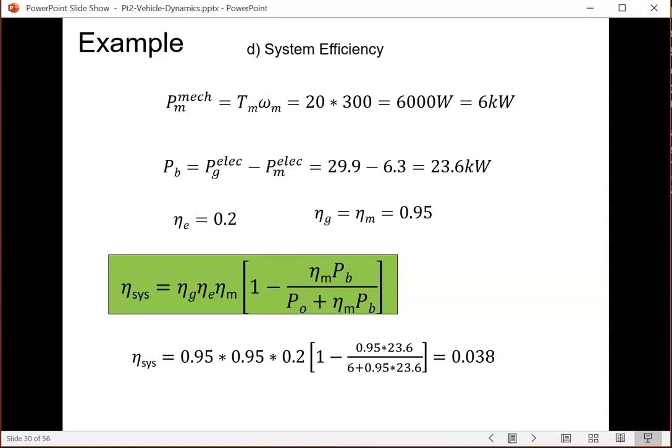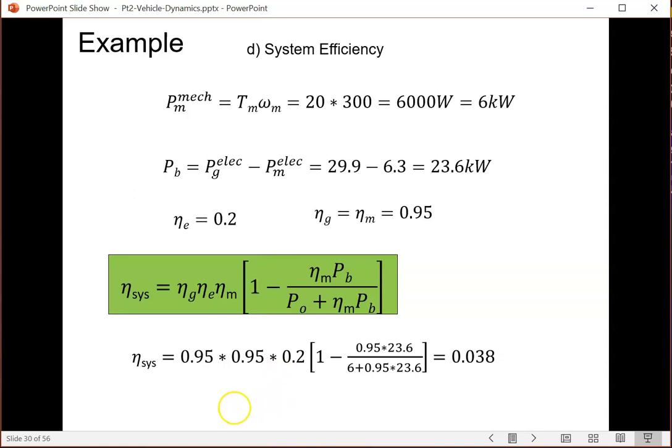The input power, the total input, is the input power of the engine. The final output power will be power at the wheel, or the mechanical power of the motor.